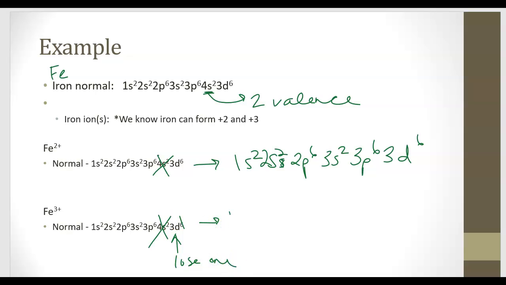And so what this means is that we'd get 1s2, 2s2, 2p6, 3s2, 3p6, and then 3d5. And so we've lost from the s sublevel and the d sublevel to make something more stable. Please let me know if you have any questions.